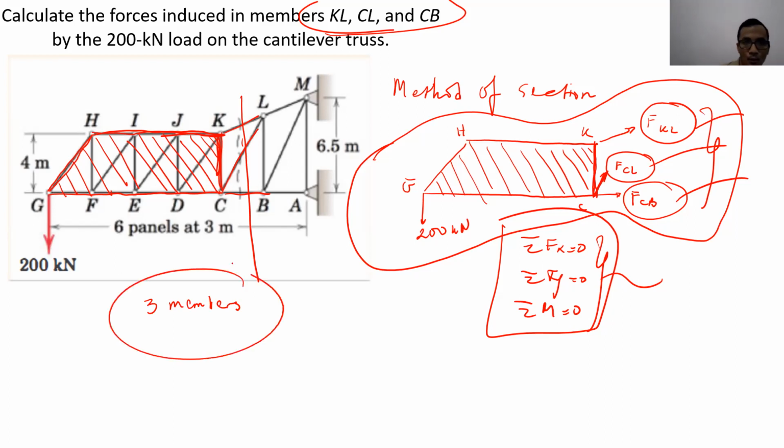Because after we cut, it will become one free body diagram. And in one free body diagram, we can only solve for 3 unknowns because we only have 3 equilibrium equations. So we can only solve for 3 members. That's the thing that we have to know about method of section.